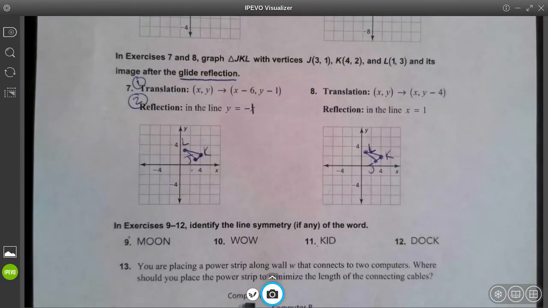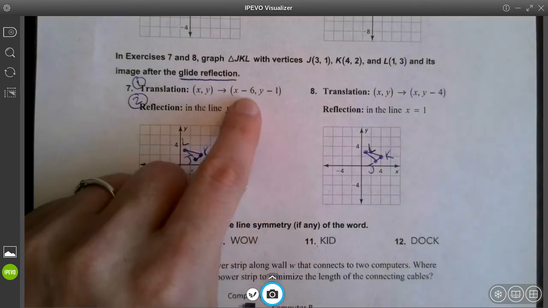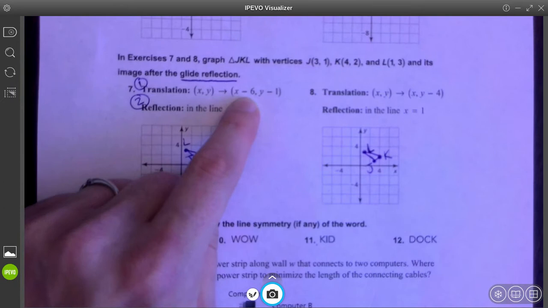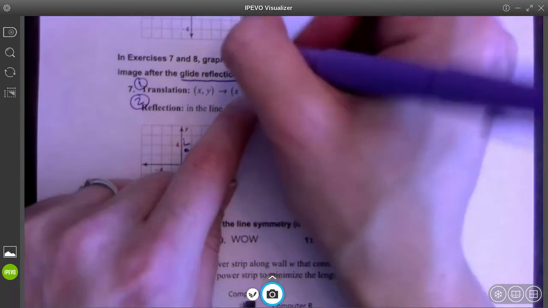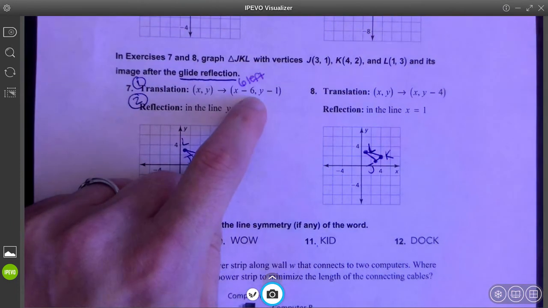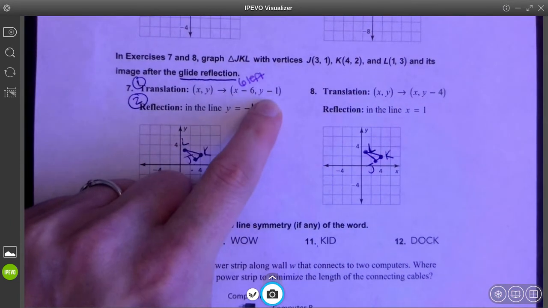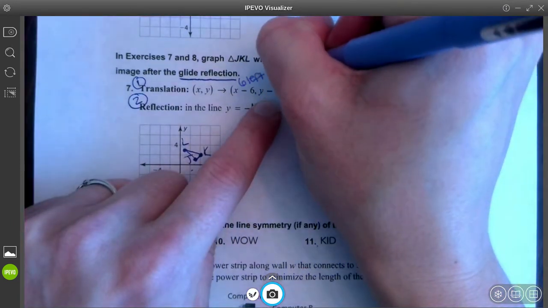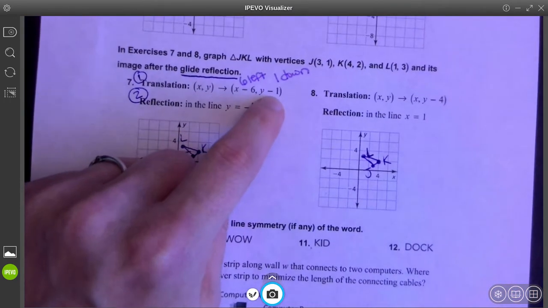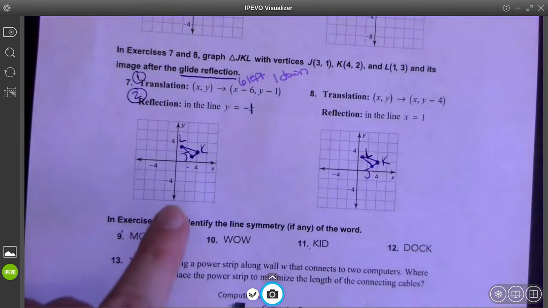And looking at the rule, it tells us that we're going to move this triangle 6 units left because we're subtracting 6 from our x-coordinates, and we're going to move it 1 unit down because we're subtracting 1 from our y-coordinates. So that's what we're going to do first.